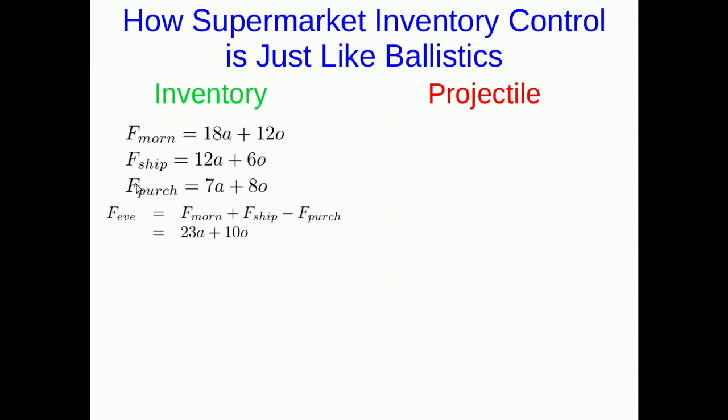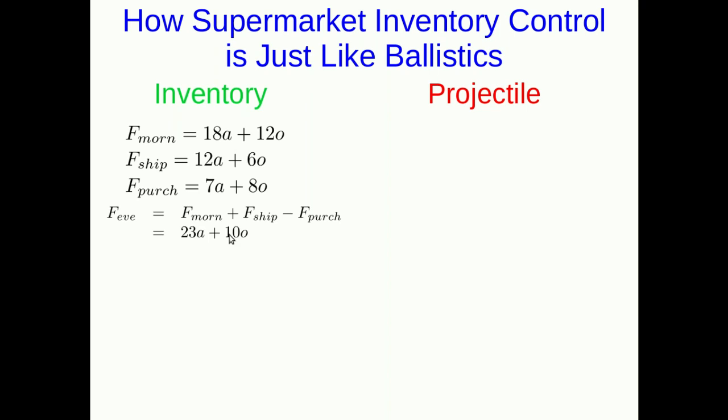And also during the day there are purchases of 7 apples and 8 oranges. So it would be perfectly reasonable for the inventory control manager of the store to write this equation: the fruit in the evening is the fruit in the morning plus the fruit in the shipment minus the fruit purchased, and that comes out to this.